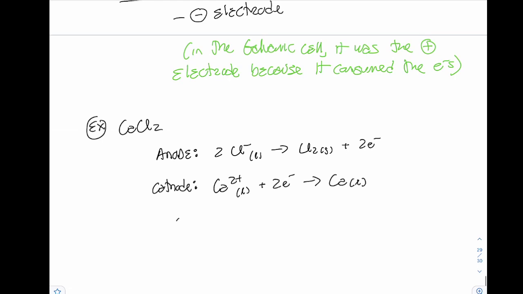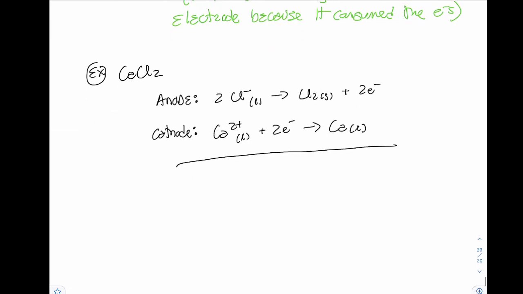And then adding these together to get our net equation, right? I have 2 electrons on both of them, so those are going to cancel out. And I'm going to have my 2 chloride plus my calcium going to calcium plus chlorine.